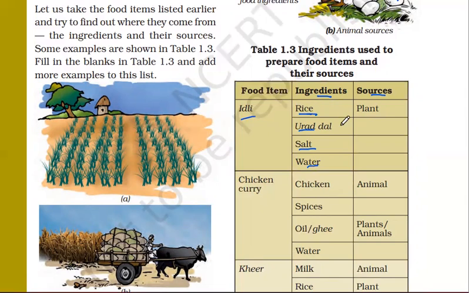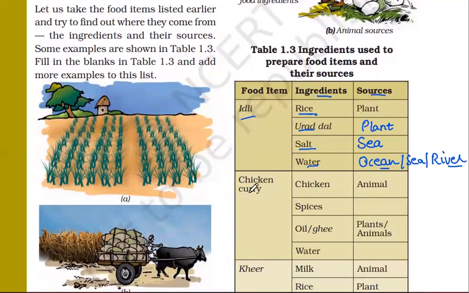Rice comes from plant, urad dal again comes from plant, then salt comes from sea, no? Water, again water comes from ocean, then or seas and or river, right? Okay, first of all we should write river, instead of ocean, because ocean में कैसा salty water रहता है. So rivers, lakes and all these are sources of water, right?